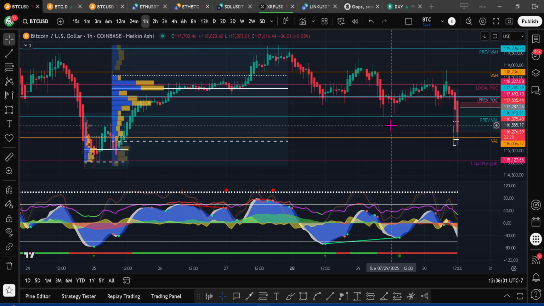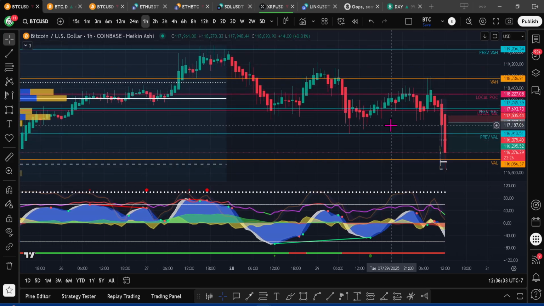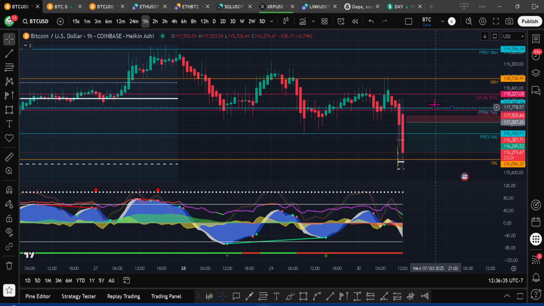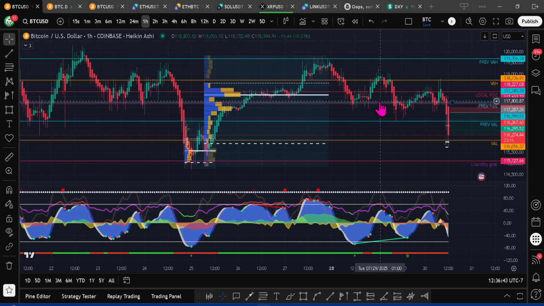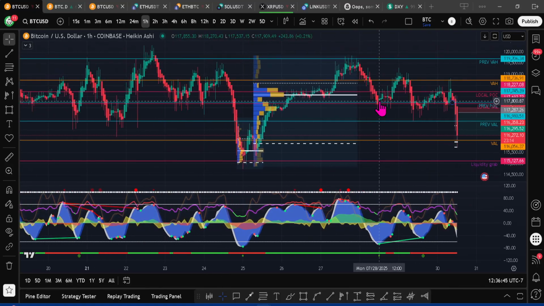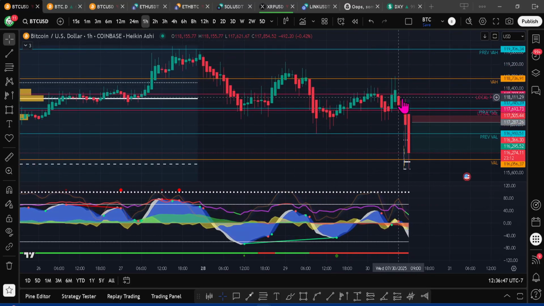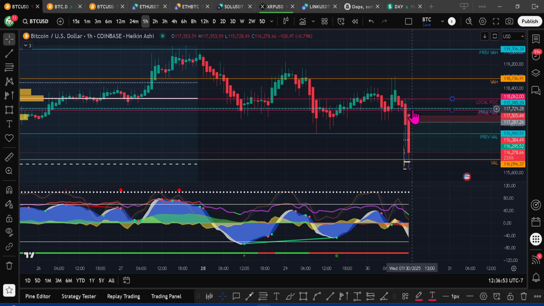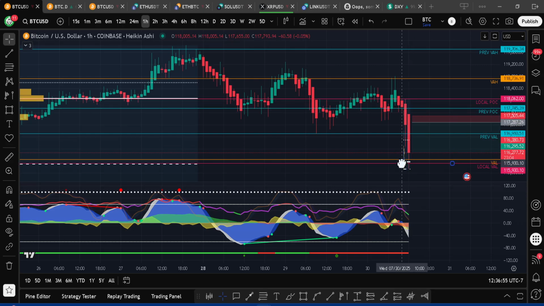That's how we got that level. Bullishly, we want to retest the local point of control right there. Local value area low, we're gonna just call it that one.